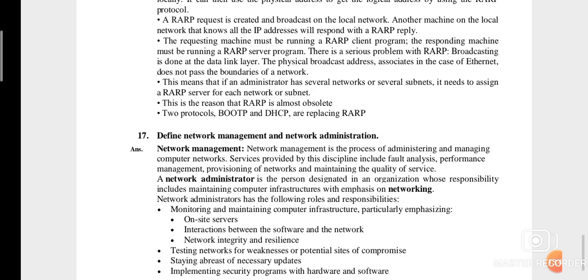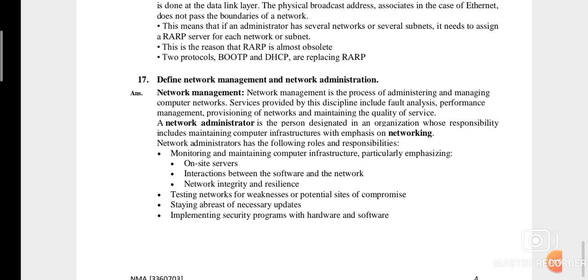A network administrator is the person designated in an organization whose responsibilities include maintaining computer infrastructure with emphasis on networking. A network administrator has the following roles and responsibilities. First of all, monitoring and maintaining computer infrastructure, particularly emphasizing on-site servers, interaction between the software and network integrity and resilience.